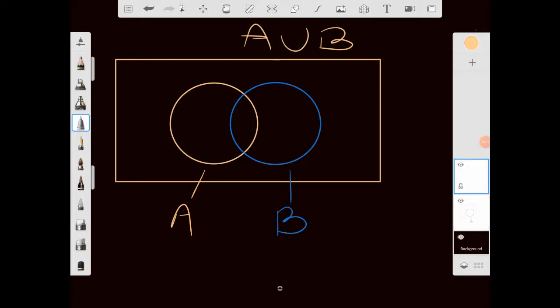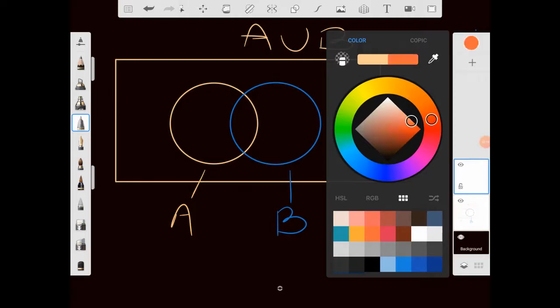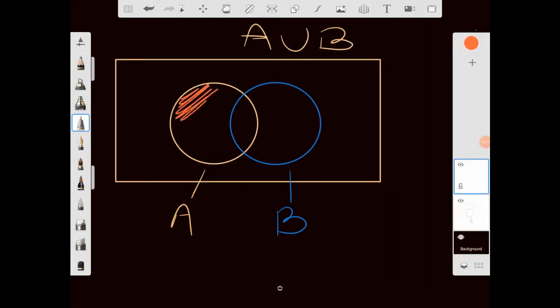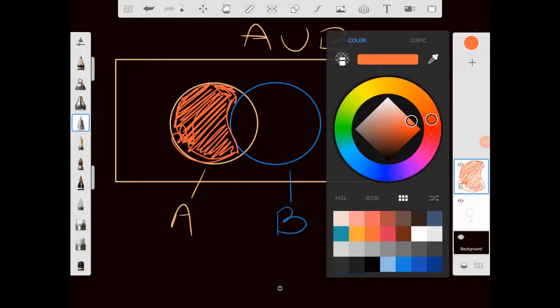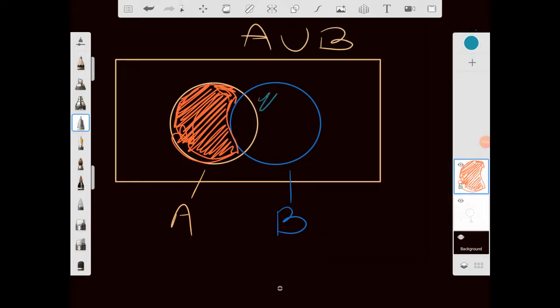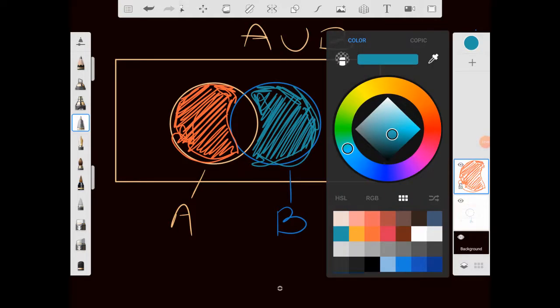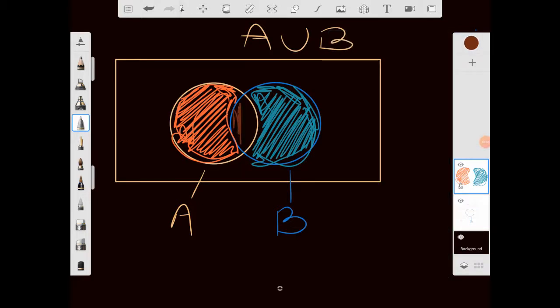For that, let me divide these parts into three areas. This part I'll take as A and not B, only A. This part, which is only B, there's nothing else here, only B and not A. And this part I will take as the common part, A intersection B. Cool.